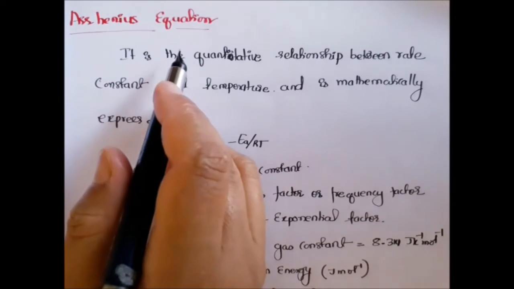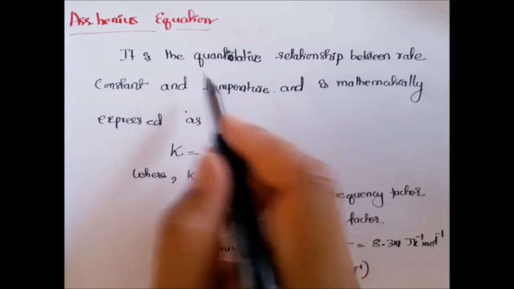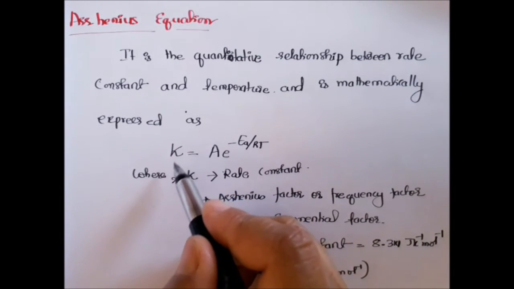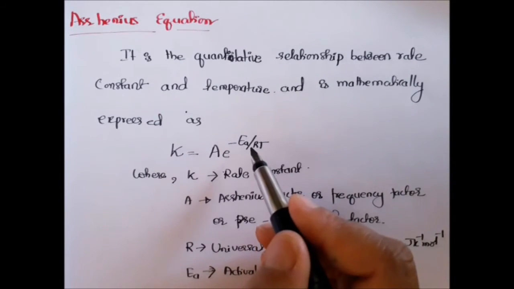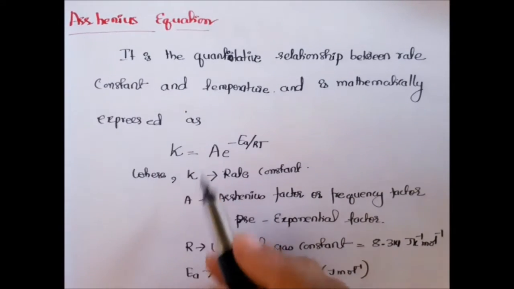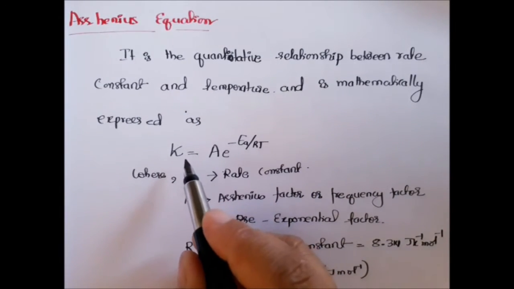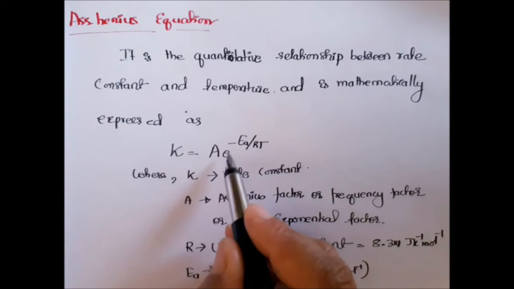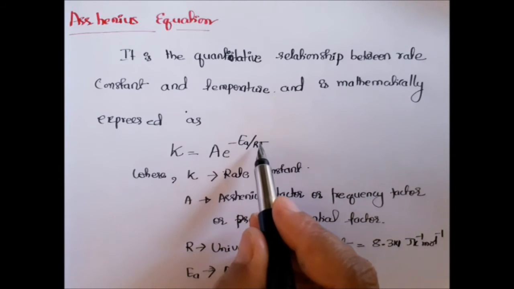Now the Arrhenius equation. It gives the quantitative relationship between the rate constant and temperature, and this is the mathematical expression of the Arrhenius equation, which is given by k equal to A e to the power minus Ea by RT.